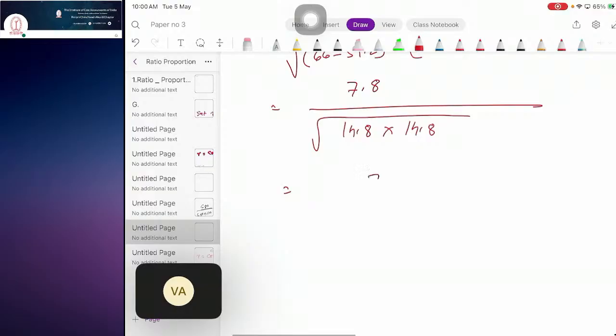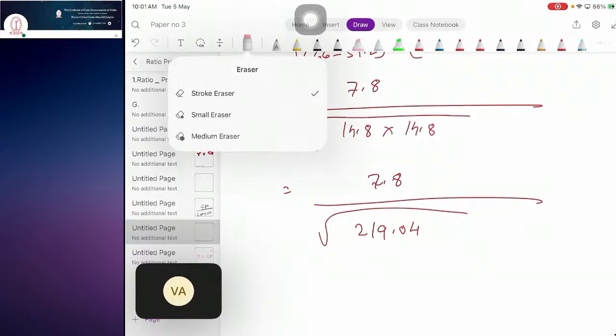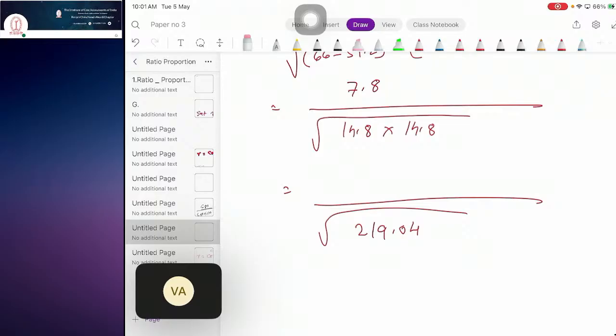So 7.8 into the bracket, under root of 14.8 times 14.8, under root of 219.04. Let me write 7.8 properly.